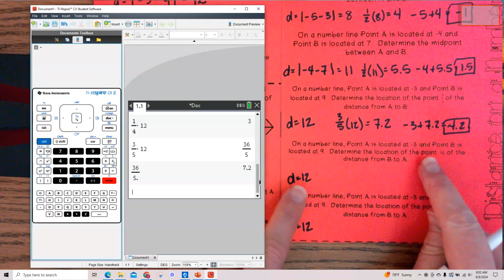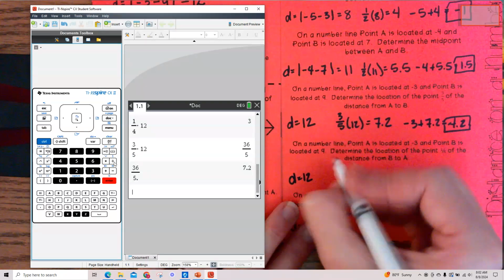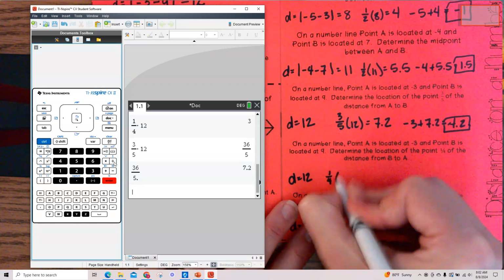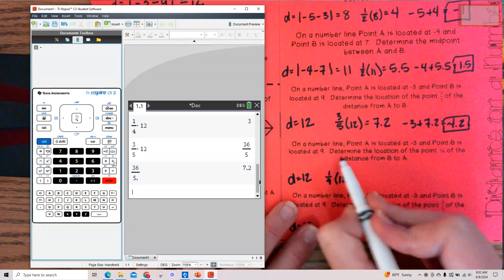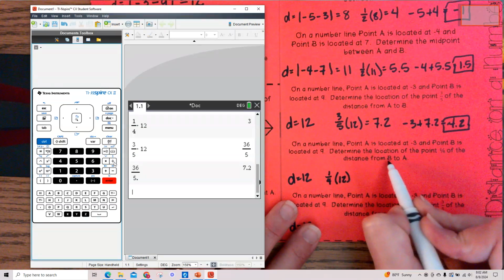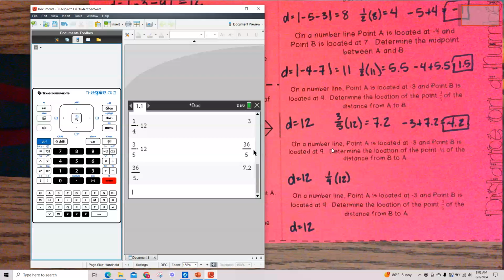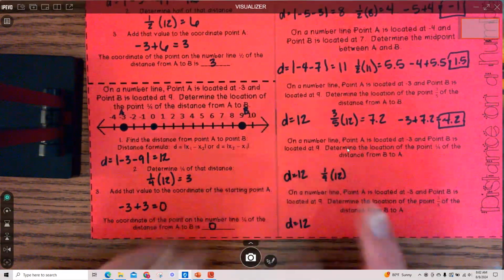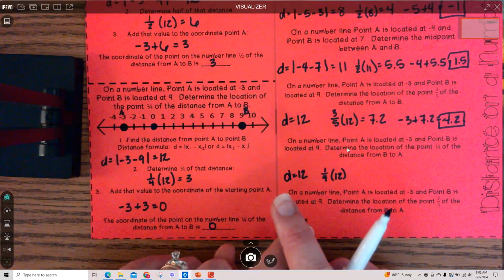All right, this time we're going a fourth of the distance. So we're doing, oh, we've already done that one. A fourth, oh, no, we haven't. Look what this one says. Determine the location of the point 1/4 of the distance from B to A. So it's flipped. This one was from A to B. This one is from B to A. So here's where the switcheroo happens.